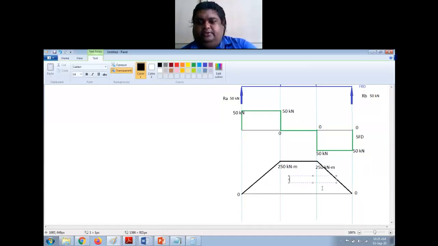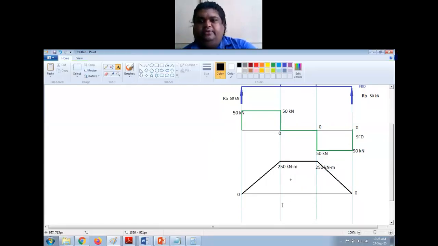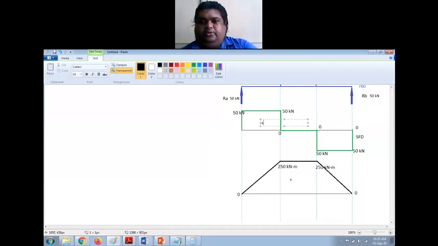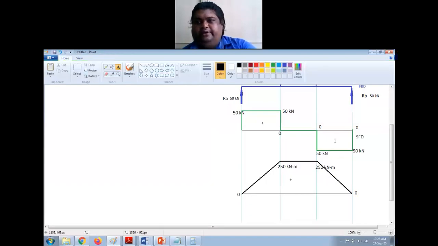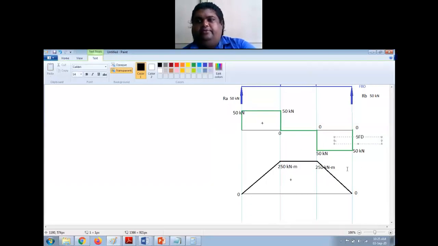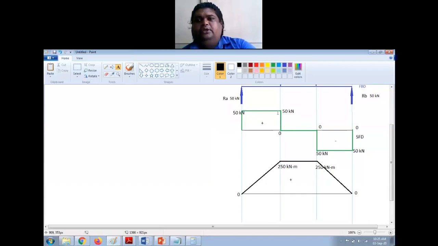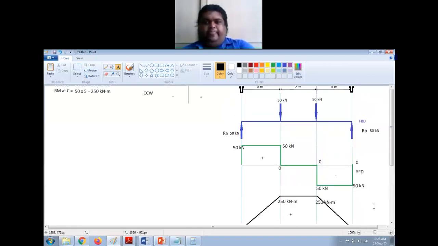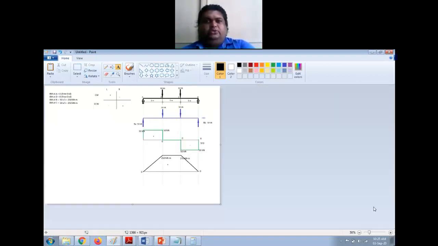This is positive, this is positive, and this is negative. Shear force, whatever section you get above the line will be positive, below the line will be negative. Bending moment, above the line is positive, below the line will be negative, right? So this is the solution to this numerical.